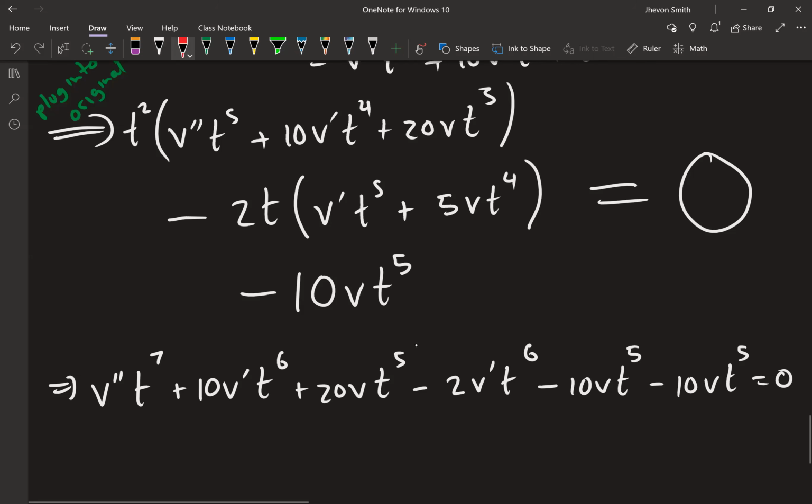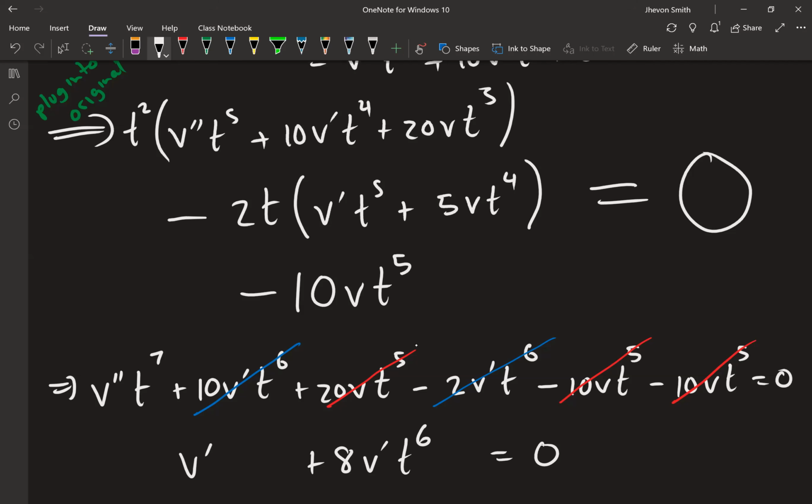What's going to happen? Well, here I have minus 10v t to the fifth minus 10v t to the fifth and a plus 20v t to the fifth. So all those guys die. Here I have a 10v prime t to the sixth minus 2v prime t to the sixth. So that just leaves me with 8v prime t to the sixth.